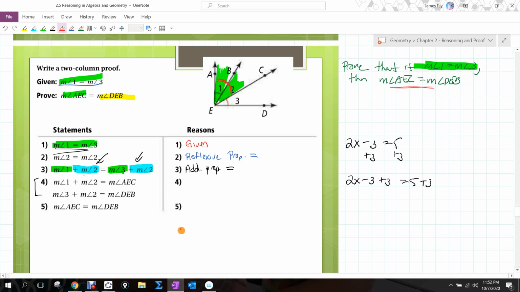If you remember back to the first chapter, when I take two smaller adjacent angles, add them together, and I get the larger, bigger angle, that's called the angle addition property.